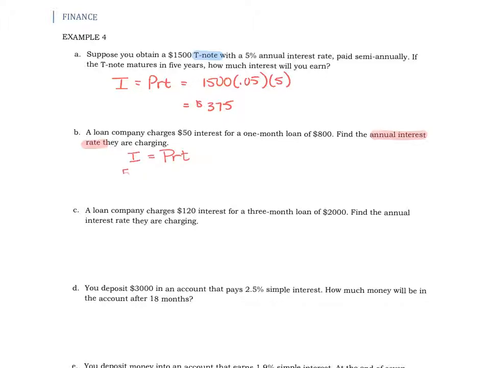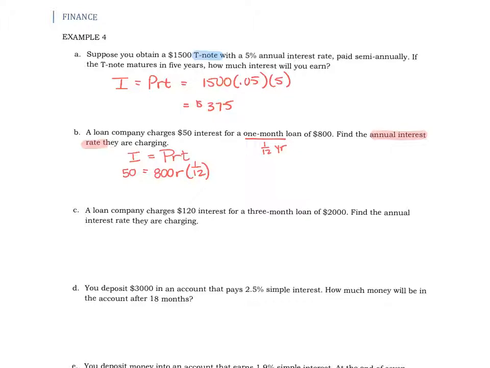In this case, we have $50 in interest. The principal, or the amount borrowed, is $800. We're looking for the annual interest rate, and remember that T is time in years. So 1 month is 1/12 of a year. So we want to put a time of 1/12 in there.